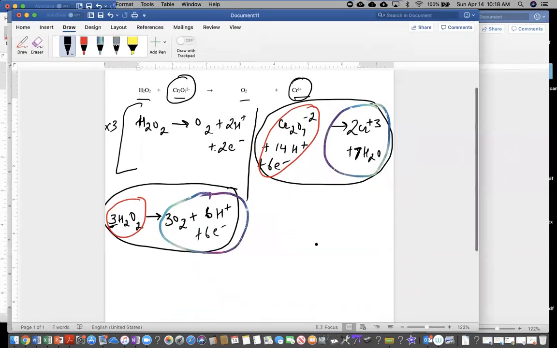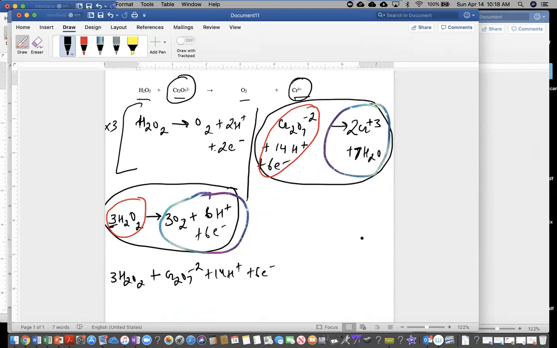Right. So now let's rewrite these. Again, the way you're going to add is 3H2O2 will be added to what? Steven, can you tell me where I should add? Cr2O7 negative. Right, you got it. And then 14H plus, and then 6 electrons, right?